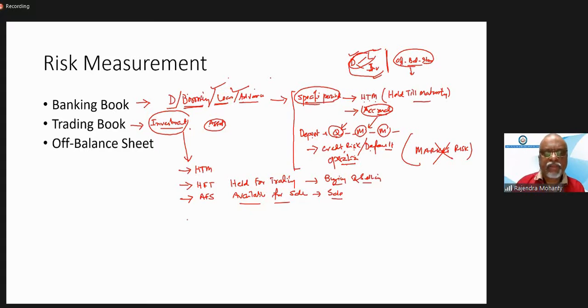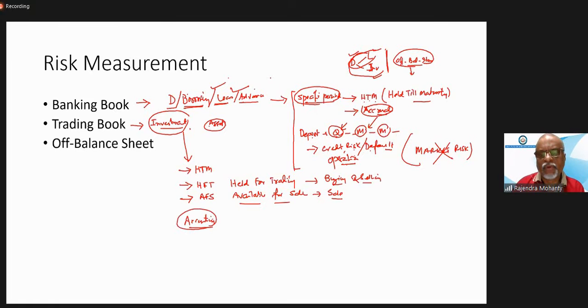Okay. Now the accounting system followed here. We know that the accounting system follows the accrual system in the banking book, whereas here the accounting system followed is called the mark to market system. Mark to market means every day at the end of the day, whatever transactions are done in the investment portfolio, whatever buying and selling, we will see what the gain or loss is.